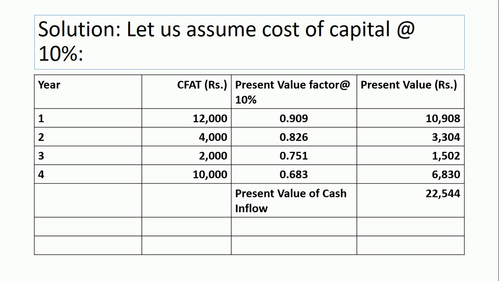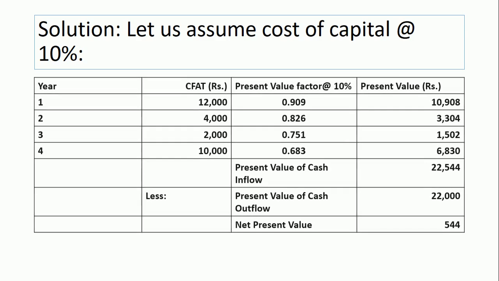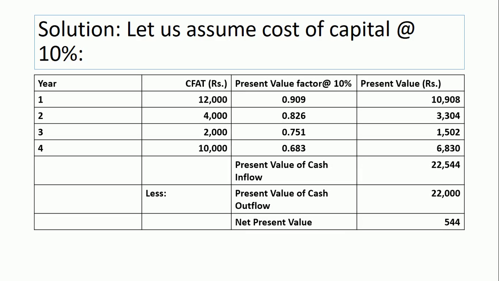For the fourth column, calculating present value: second column into third column. CFAT of first year 12,000 into present value factor of first year 0.909 is 10,908. For the second year 3,304, for the third year 1,502, for the fourth year 6,830 rupees.